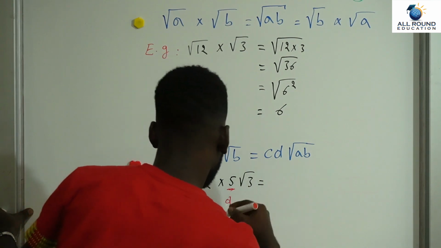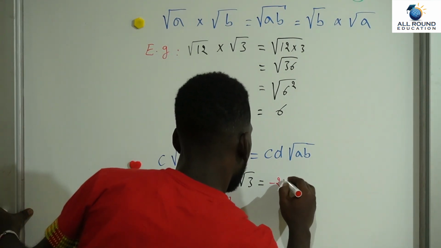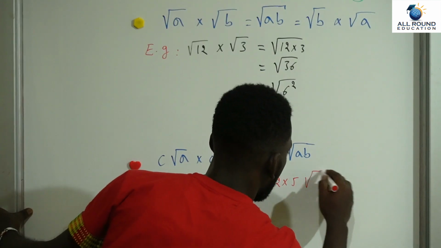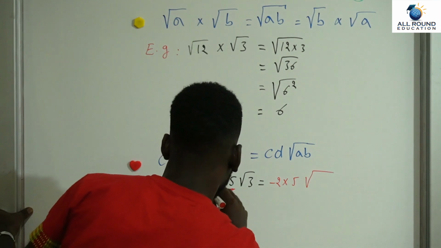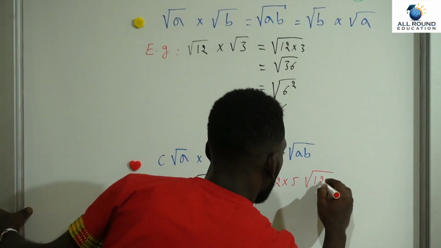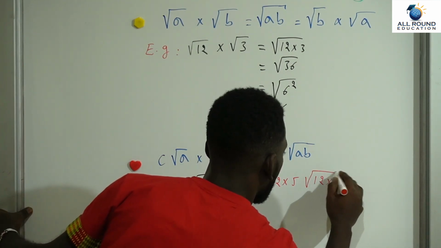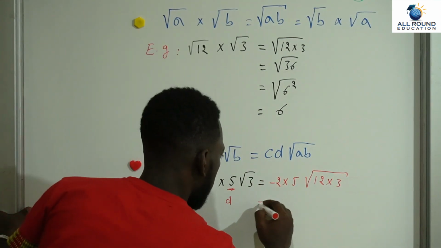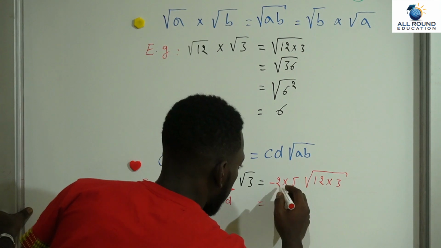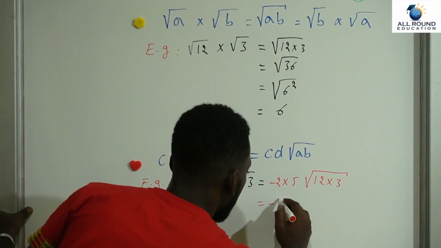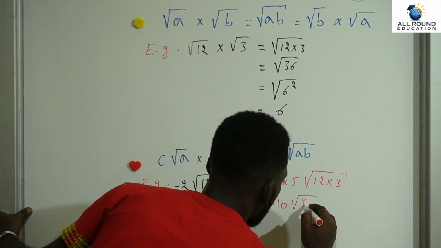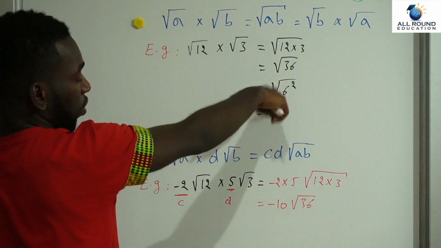Our rule says you take c times d, so we have negative 2 times 5, and then the square root of 12 times 3. When you evaluate this, you get negative 10, and then here you have the square root of 36.